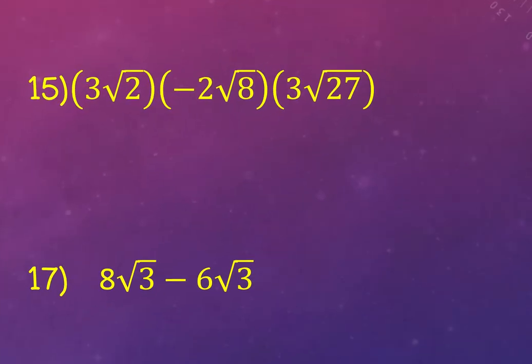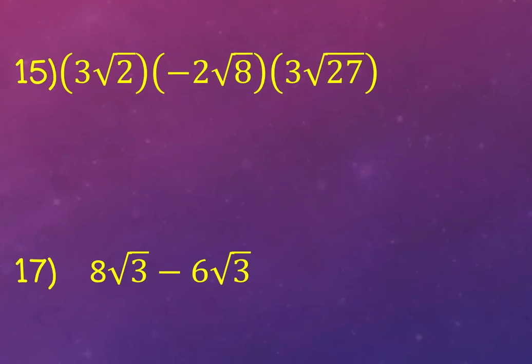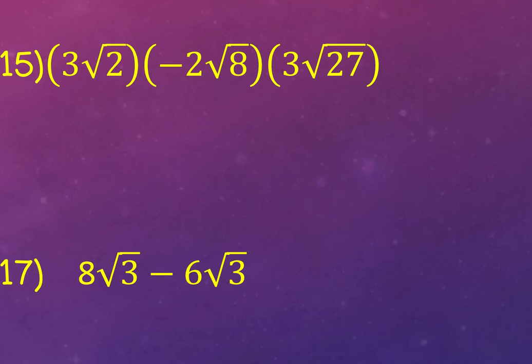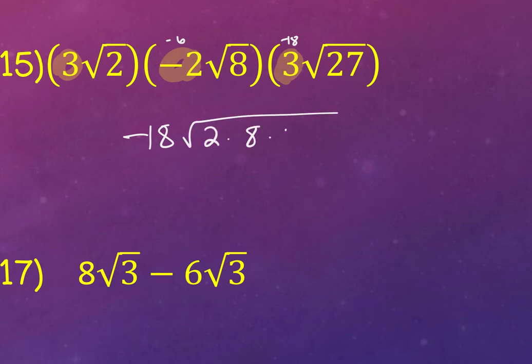All right, 15. Okay, not a product or a sum, just a multiplication. So I'm going to multiply all the coefficients together first. 3 times negative 2, that's negative 6, times 3, that's negative 18. And then for me, the easiest thing to do is write all the things that are underneath the radical together before I start to break them down, if there's more.